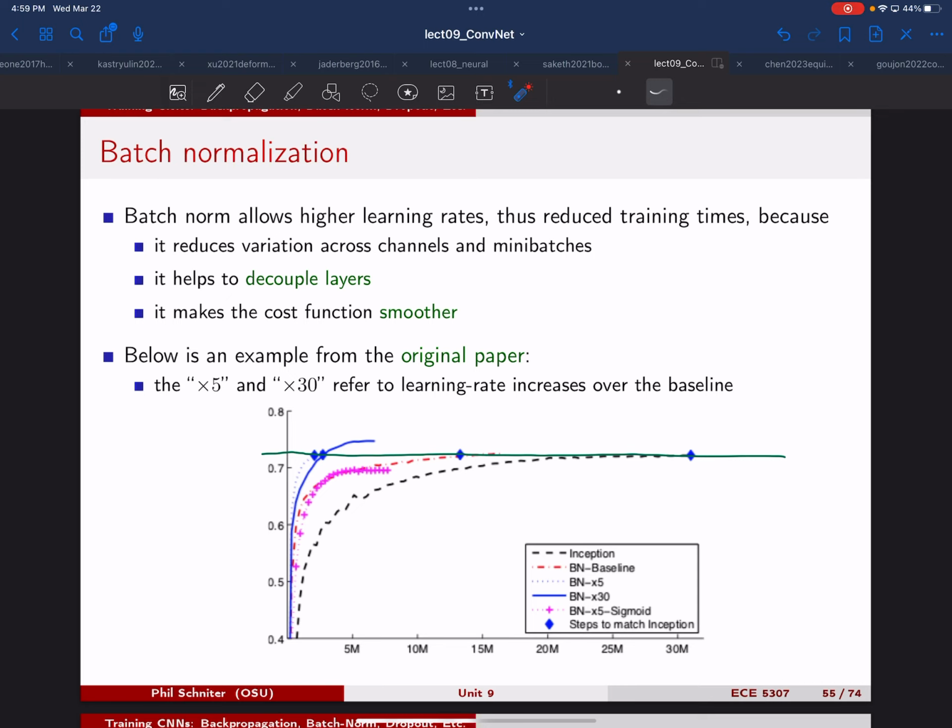But what if we increase the learning rate by a factor of 30? Now, you can see we're actually able to get way better performance than the original. So we actually have a pretty big increase in accuracy. So just an illustration of how well batch normalization works. Now they also tried a few other interesting things.